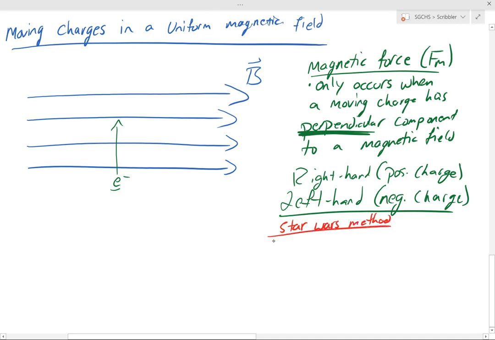Now, your thumb will be the direction of the charge. And think about it. Whether it's a current or just a single charge on its own, it's in one single linear vector. It's only in one direction, that's it. All the rest of your fingers, your four fingers, are going to act as the magnetic field. There are multiple arrows to represent a magnetic field, so you need multiple fingers.